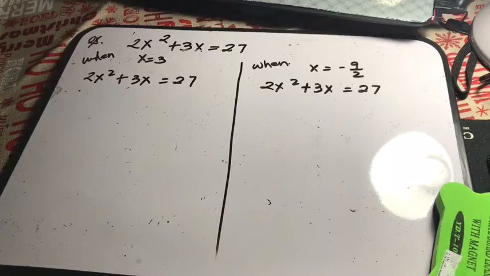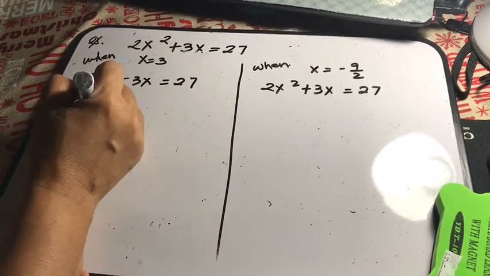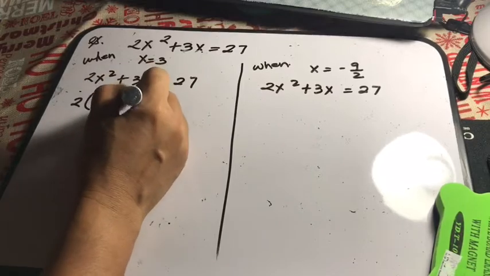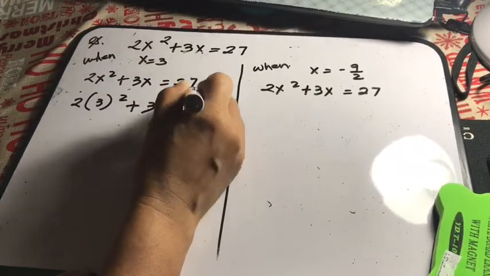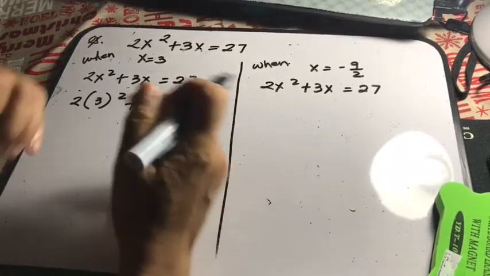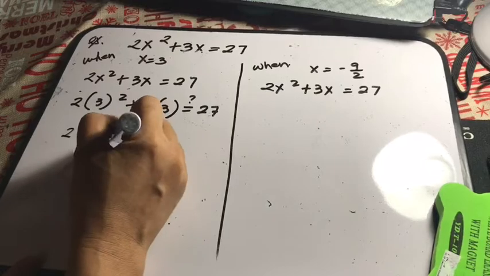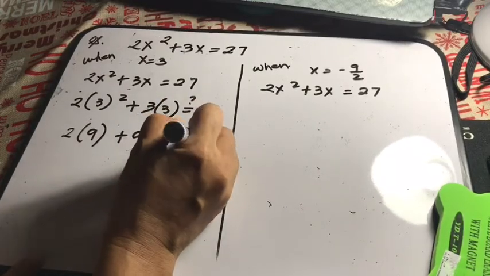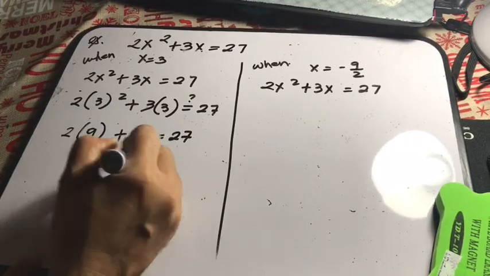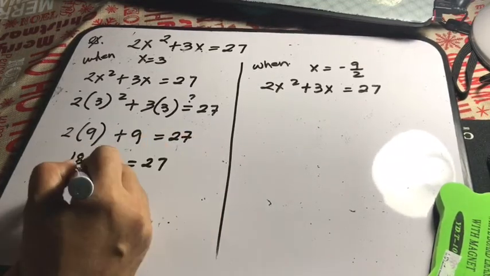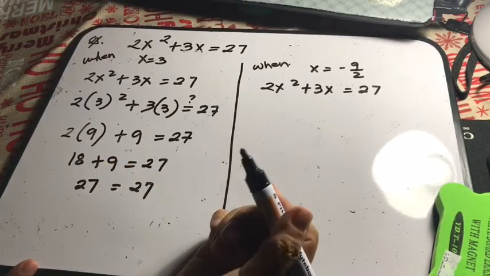So if x is equal to 3, then 2 times 3 quantity squared plus 3 times 3 equals 27. We have 2 times 9 plus 9; 2 times 9 is 18 plus 9 is equal to 27. So 27 is equal to 27.